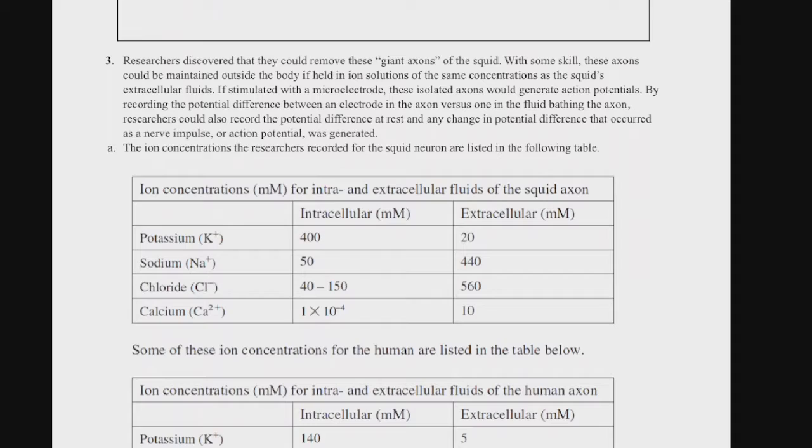If stimulated with a microelectrode, these isolated axons would generate action potentials. By recording the potential difference between an electrode and the axon versus one in the fluid bathing the axon, researchers could also record the potential difference at rest and any change in potential difference that occurred as a nerve impulse, action potential, was generated.